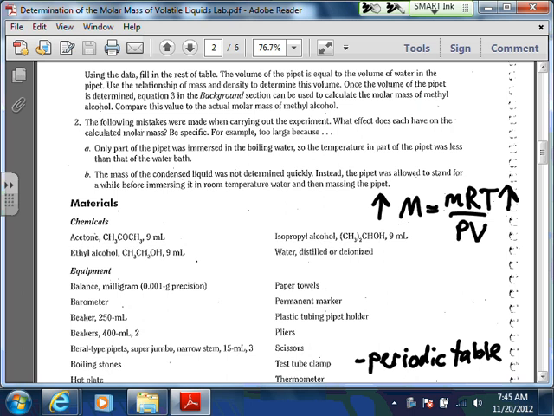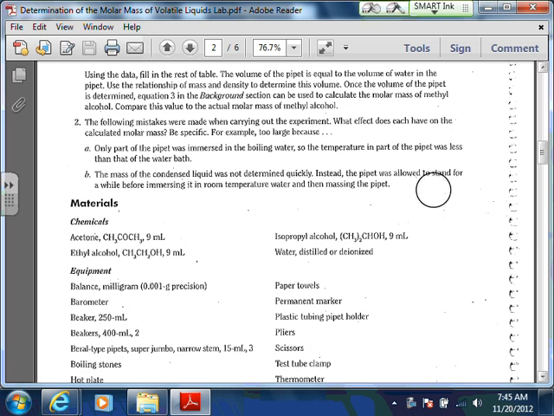So again, we're recording a volume that is too high for what it actually was, which is going to make our molar mass go down because that's on the bottom of the fraction. So that would decrease our calculated molar mass versus what it really should be. Those are the kinds of things you need to be thinking about on the pre-lab.